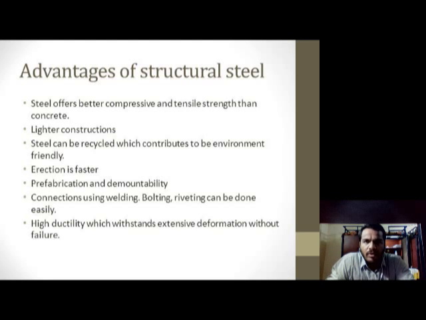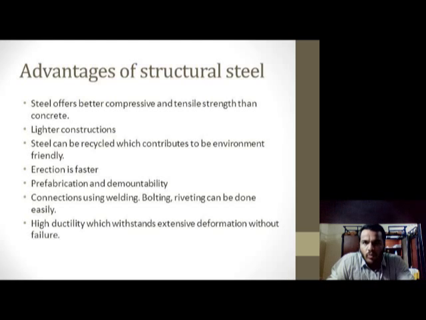Prefabrication and demountability: the structural components of the steel are prefabricated at the production site, then brought to the construction site, and just assembled.